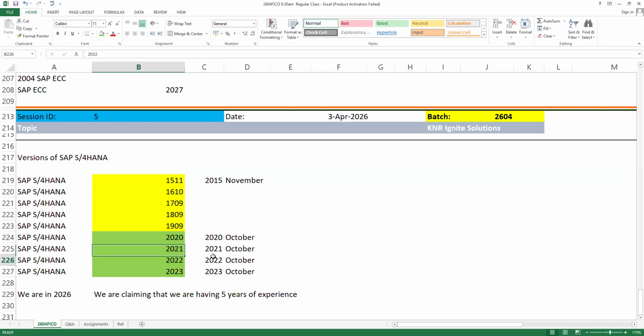It should be near to that. If we say that with 5 years of experience we worked on two implementation projects, then it should be 2020 and 2022. We need to think in that way.